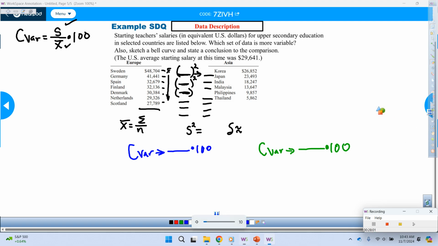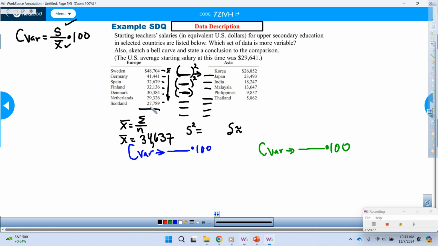For Europe, Alexandra, what'd you get for the mean? And 37, okay? Hands, if you got that, those of you doing the Europe for the mean, that is correct, by the way.